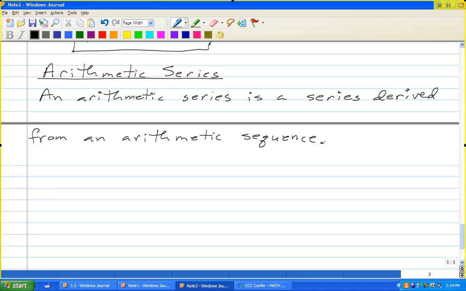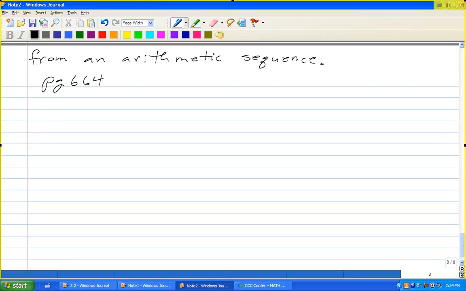Okay, so let's do page 664. Problem number 19: -2 plus 1 plus 4, plus 7 plus 10, plus a whole bunch of other terms coming up to 28.